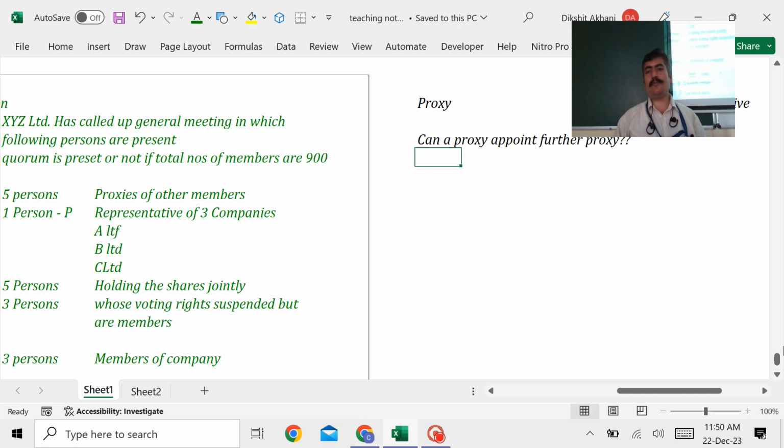That's the first question. Like I have appointed you as my proxy, can you appoint somebody else as your proxy? And second question is, can a representative appoint proxy? So ये दो questions हमको जानने हैं. ठीक है?